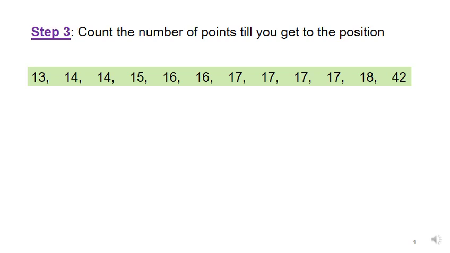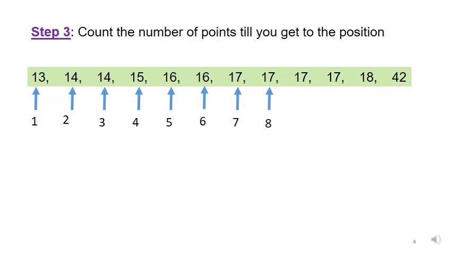Now that we've calculated the position of our median, we go back to our arranged data set and figure out where the 6.5 position would be. That would be the first position, second, third, fourth, fifth, sixth, seventh, and eighth, and so on.